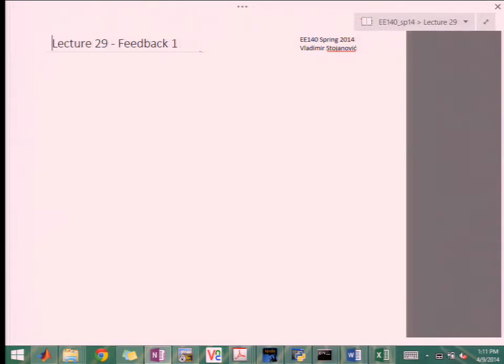Okay, so what we did last time was look at the types of feedback. Depending on the input summation topology, as well as the sensing network at the output, and depending whether it was current or voltage, you had shunt or series type connections, and that defines 4 types of feedback.